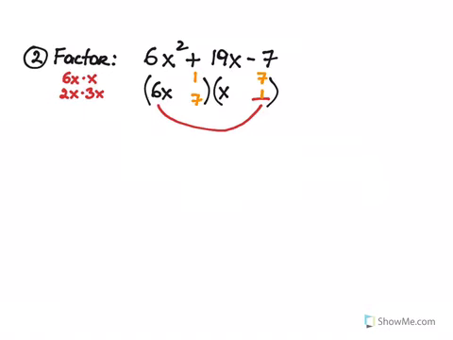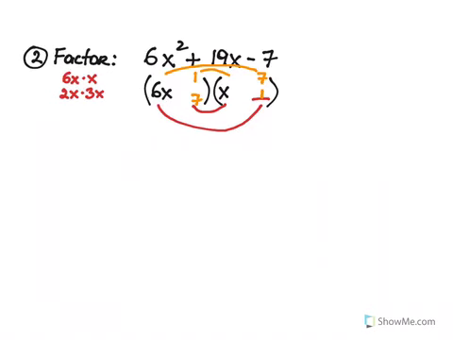Let's see if either one of these possible choices will give me the desired middle term of positive 19x. 6x times 7 is 42x, and 1 times x is 1x. There is no way for me to find a 19x out of this combination. 6x times 1 is 6x, 7 times x is 7x.